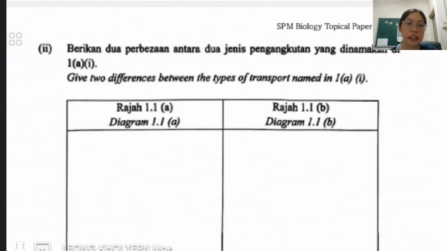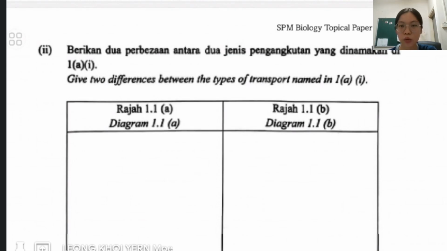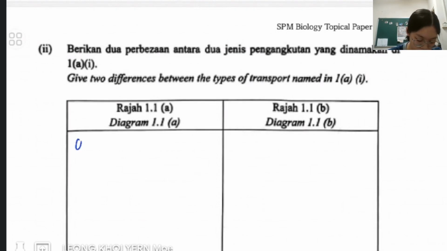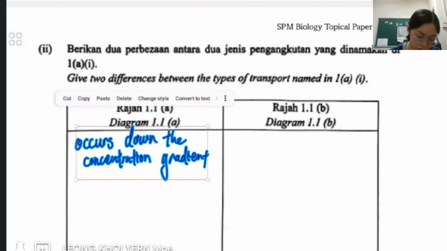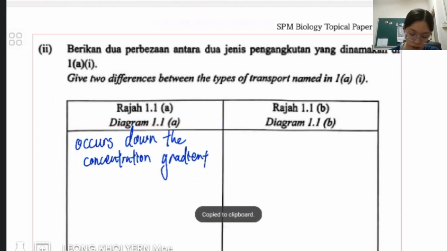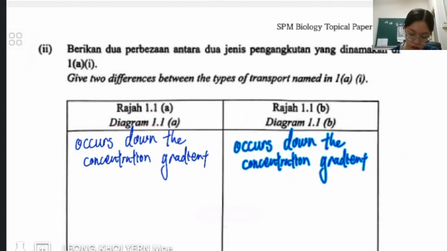So facilitated diffusion is actually a passive transport. It occurs down the concentration gradient, meaning high to low. Meanwhile, the active transport of glucose occurs against the concentration gradient.